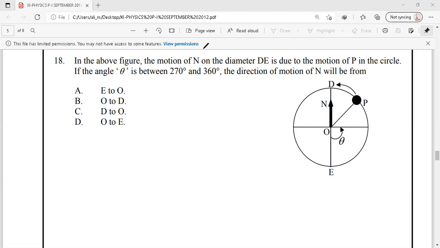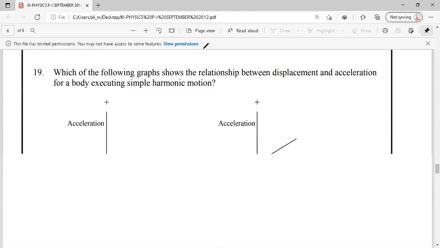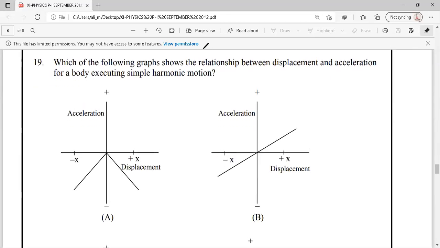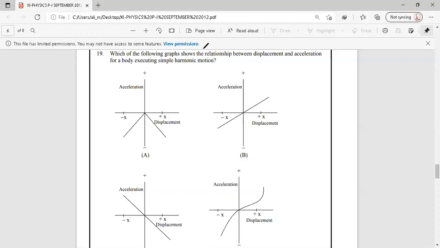Let's move to our question number 19. Which of the following graphs shows a relationship between the displacement X and the acceleration A of a body executing simple harmonic motion?